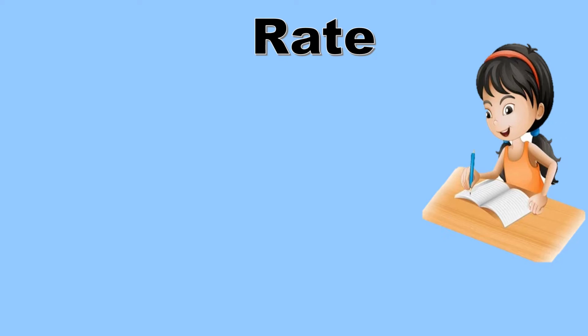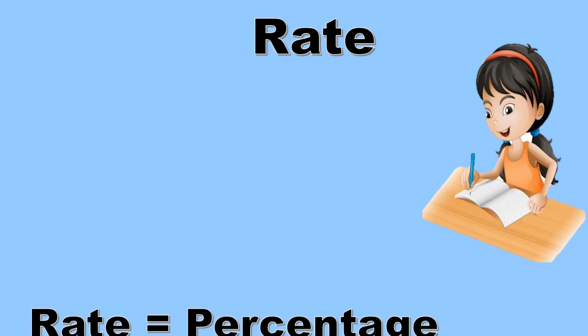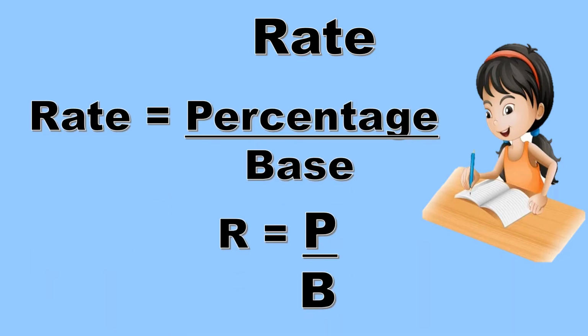One way to ensure that you get the correct answer is to mark off 2 decimal places in the base before dividing. The formula of finding the rate is rate equals percentage over, or divided by, base.